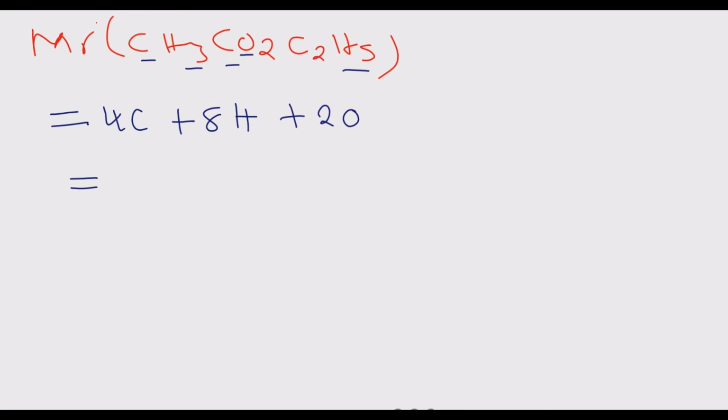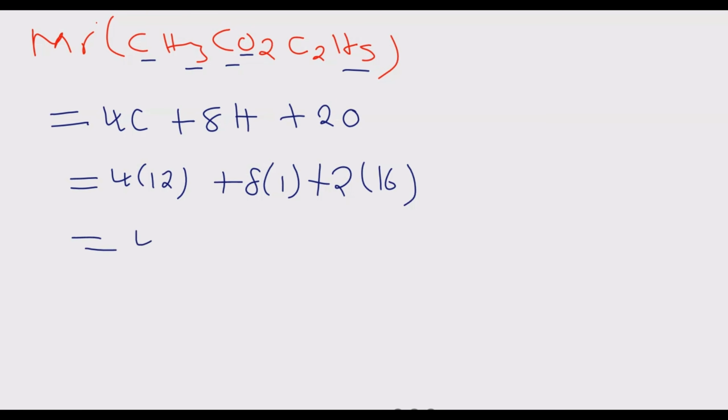Then we start adding. The mass number of carbon is 12, so it will be 4 times 12, plus 8 times 1, plus 2 times oxygen, which is 16. Multiplying, we have 4 times 12, which is 48, plus 8 plus 32.